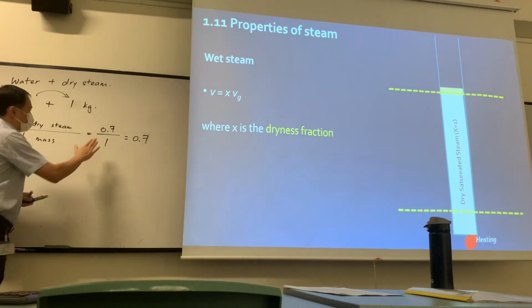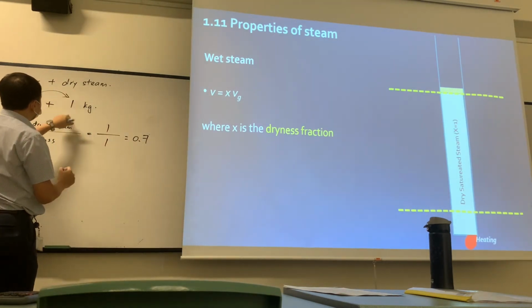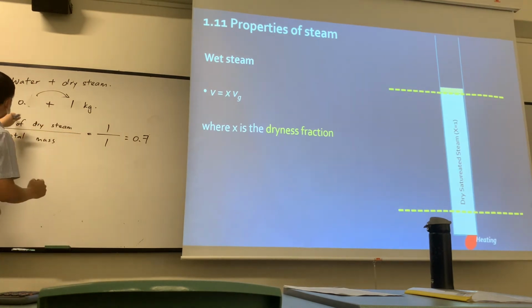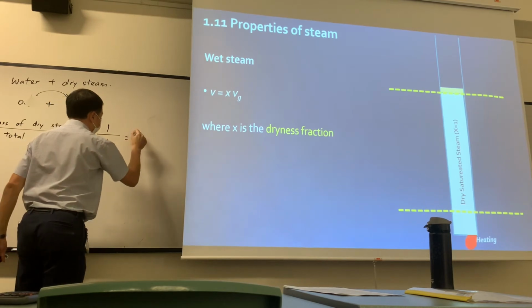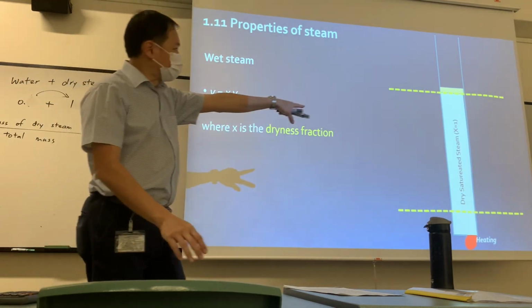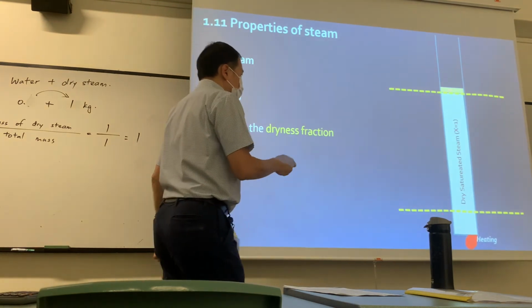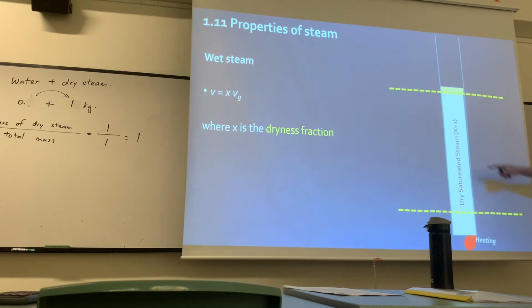So my dryness fraction is 1 kilogram of dry steam divided by a total mass of 1 kilogram, which is 1. Now my dryness fraction is 1. At this point, the steam is called dry saturated steam. Totally dry, no more water particles.